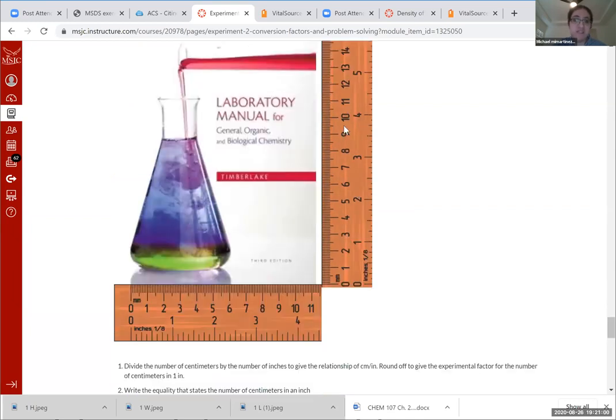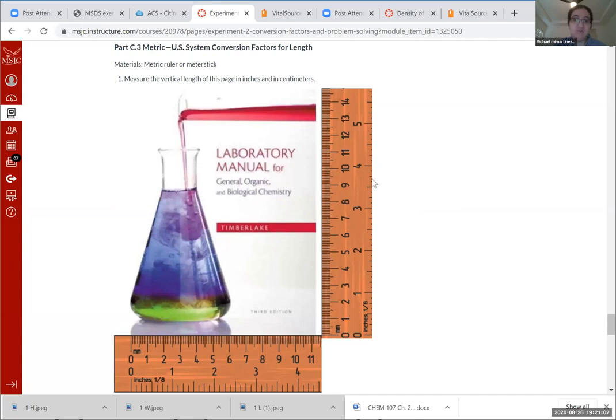I've given you the lab manual and 2 rulers, and you're going to measure the length of the page in inches and centimeters. Don't worry about the pre-lab. The pre-lab is going to be due with the report, so you'll submit everything together as one document. So don't worry about that.